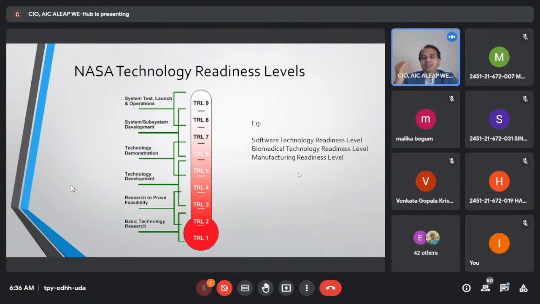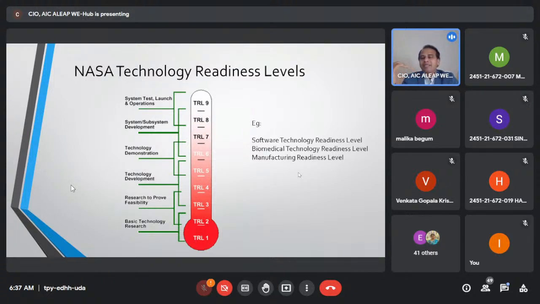The TRL 6 stage is where your product is almost ready, or you can say the prototype is being converted into a product. So now the whole product with all the changes will be ready. Your app will be ready by TRL 9, and it is ready for the market launch. So that's TRL 9.